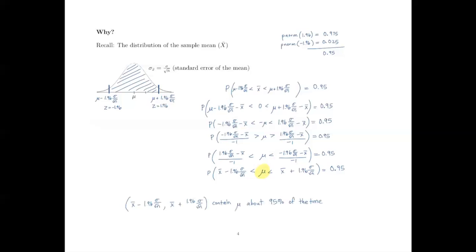Maybe I should add a statement in there: with repeated sampling, this interval is going to contain mu about 95% of the time.